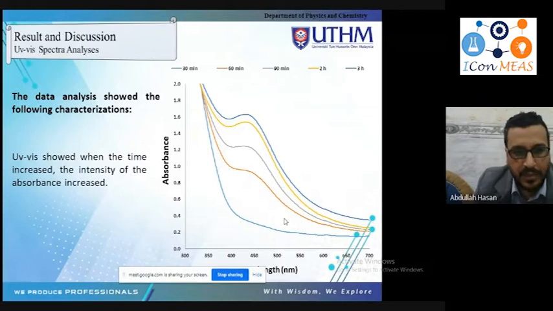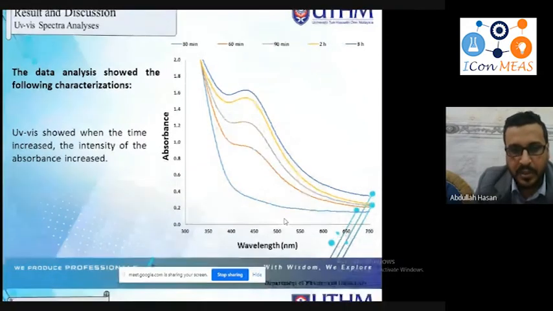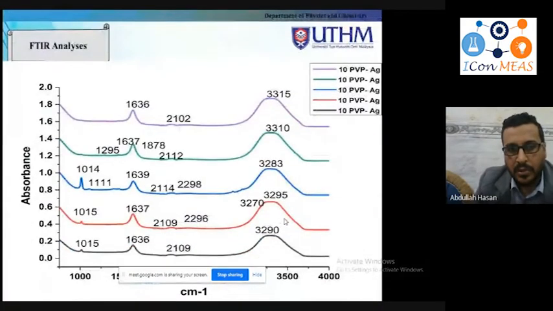It showed that as the time increased, the intensity of the absorbance also increased. And about FTIR, 5 concentrations. Here we see the difference in intensity between one concentration and the other concentrations, from 1 to 500.